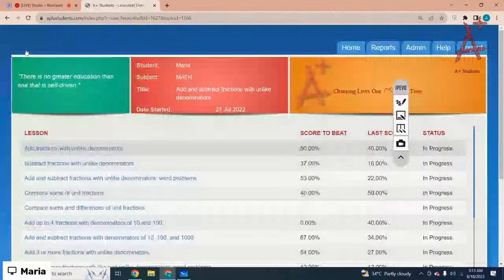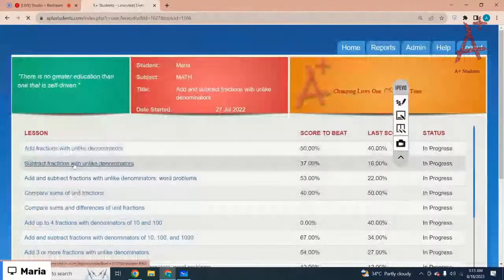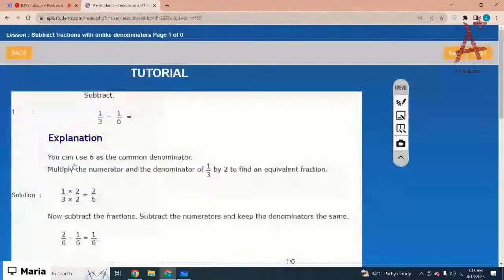The next lesson is subtract fractions with unlike denominators. So you have to do exactly the same thing, but now you have to subtract them, right? Earlier we were adding them, now you have to subtract them. 1 over 3 minus 1 over 6. You have to make their denominators the same. So 3 times 2 makes 6.